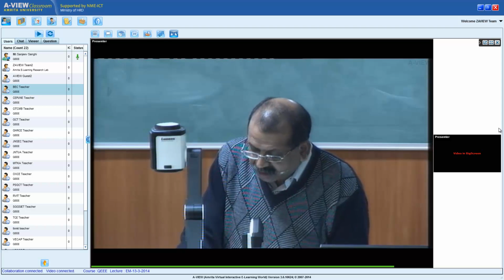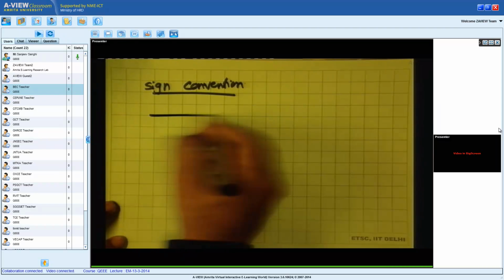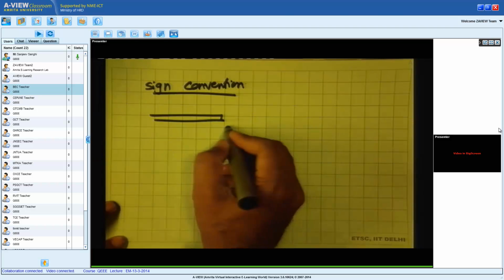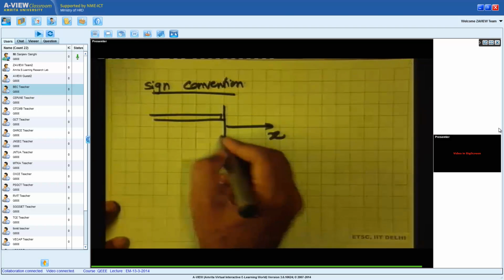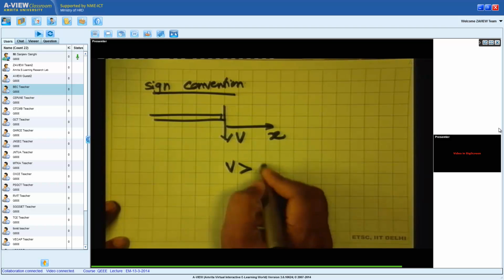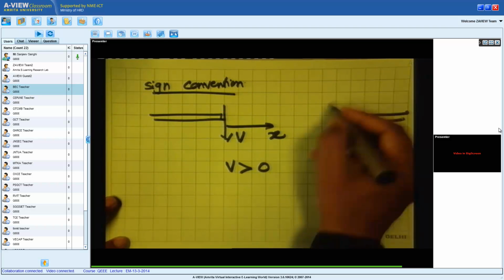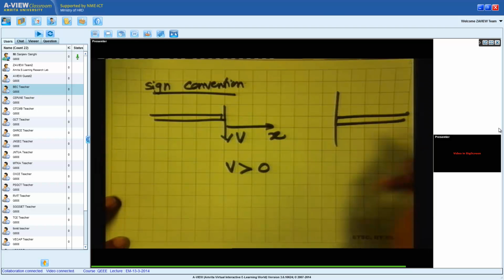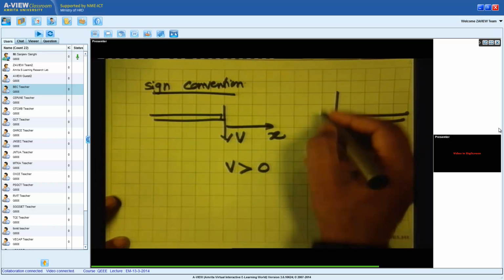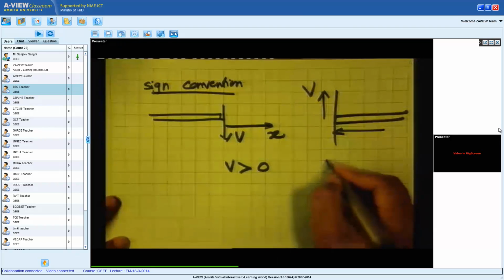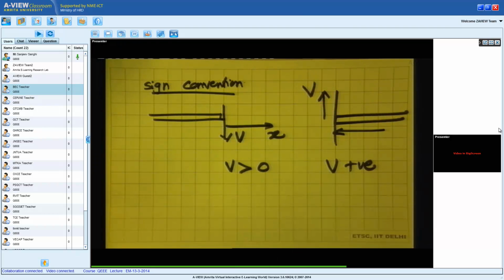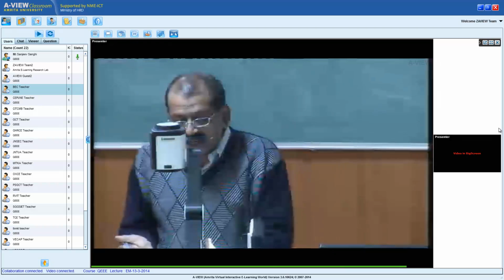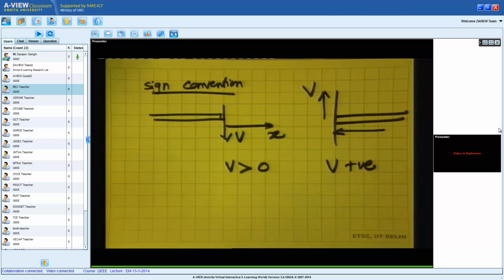So the sign convention which we are following is that if x-axis is like this, then this shear force V is positive, and if you cut a section from the other side, then this V pointing upwards is positive. Some books, as I told you, follow a reverse convention, but I will assume that this is the sign convention we are following for V.